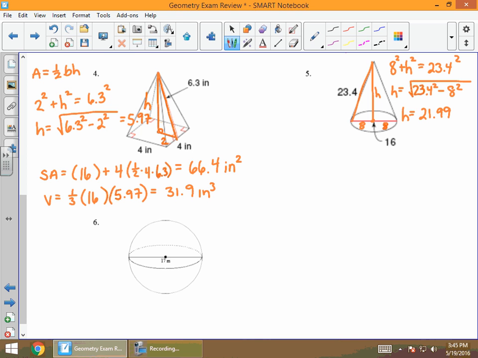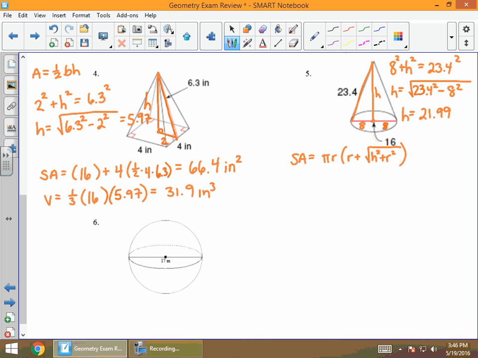Well, the surface area, I'll tell you right now, this is one of them I don't even remember. The surface area of a cone, I just looked this up on the internet. It is pi times r, and then r plus the square root of h squared plus r squared.